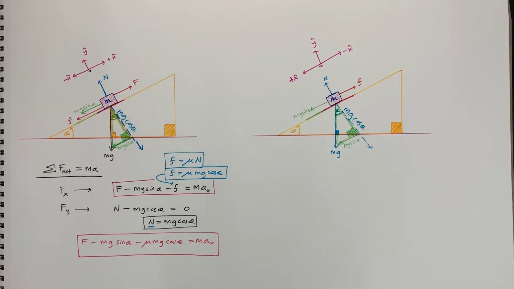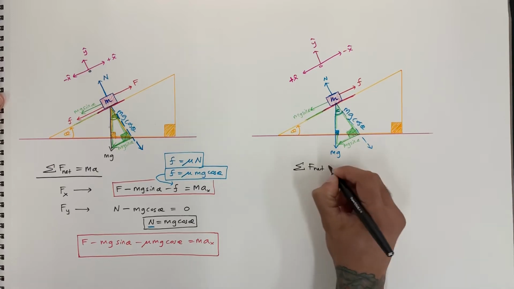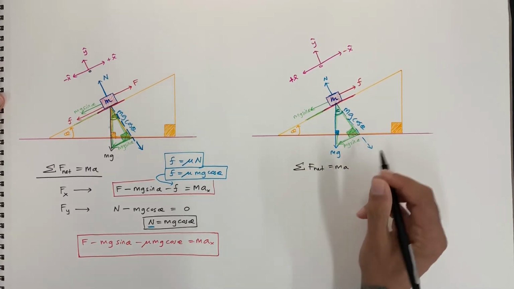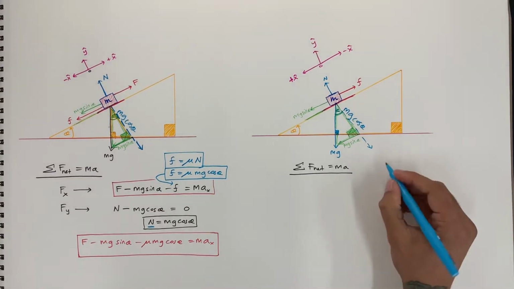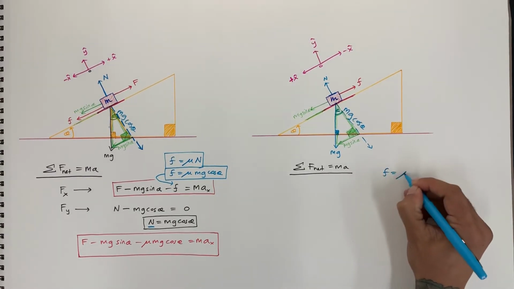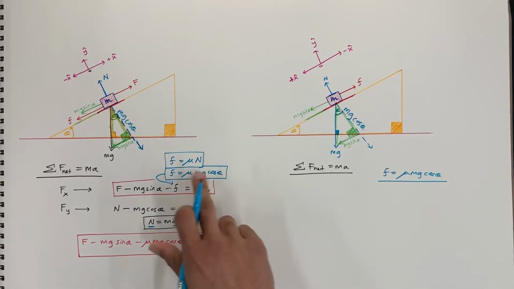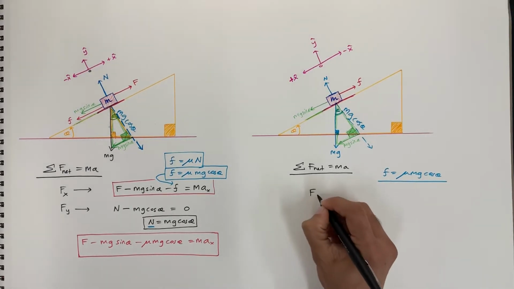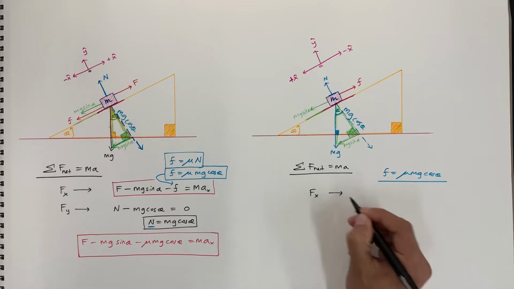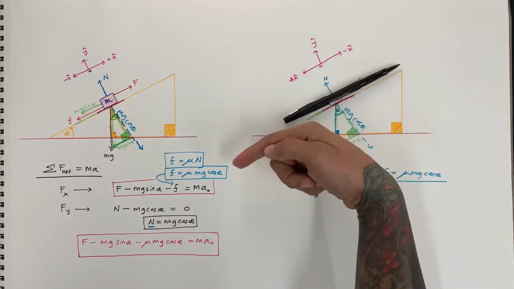Okay, so now let's do Newton's second law. And we're going to say that the sum of forces, right? Net forces, okay? We know that friction is equal to mu mg cosine theta, because we already found it in this problem here. And now let's do the forces in the x direction, okay? So the forces in the x direction are going to be in this direction and that direction.